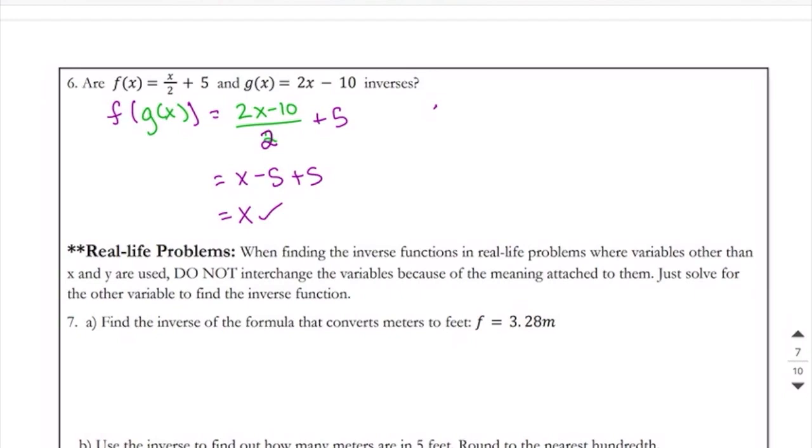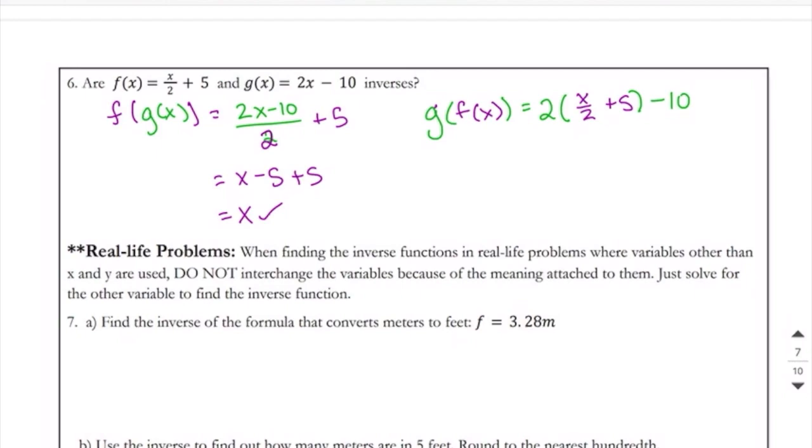So this time we're going to do g of f of x. And in place of the x, we're going to have 2 times this whole f function, which is x over 2 plus 5, and then minus 10 out back.